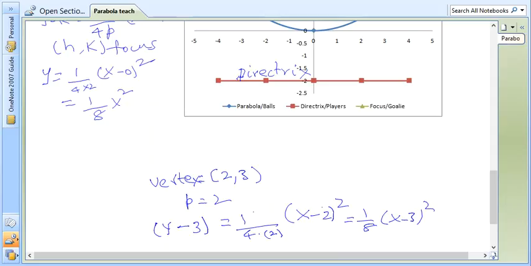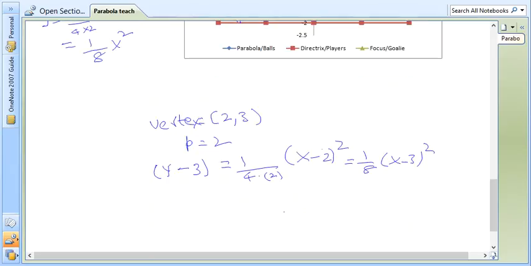We'll get into a few more examples, but let's see what else we can discuss here. Since the vertex is 2, 3, where is the point on the directrix that's exactly 2 yards below? The equation of the directrix is the equation of a line, but I'm just looking at the point that is directly in line with the vertex.